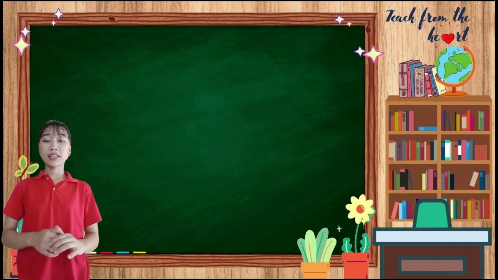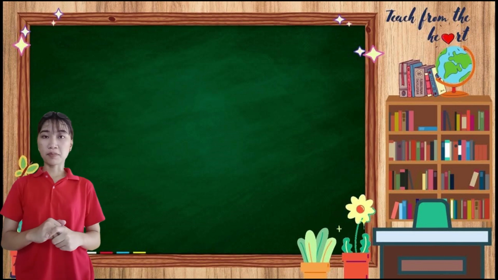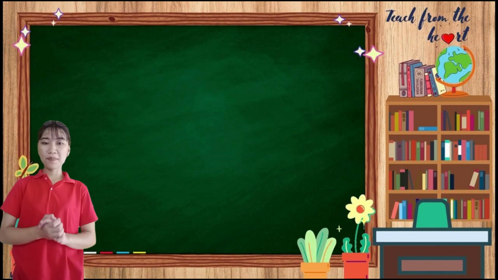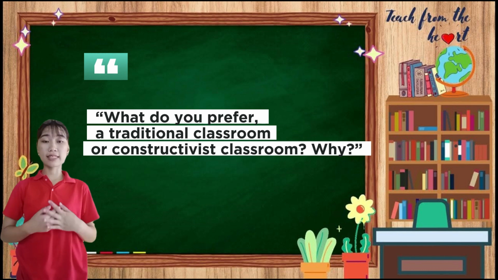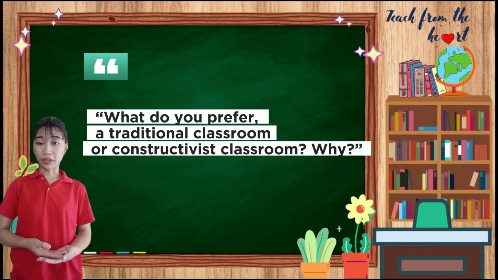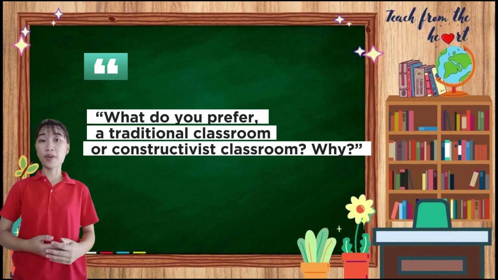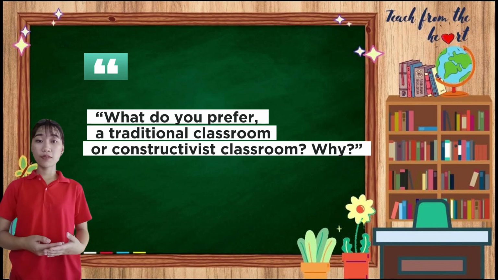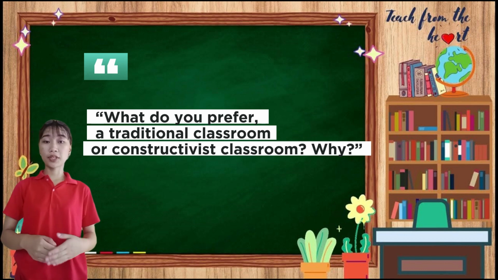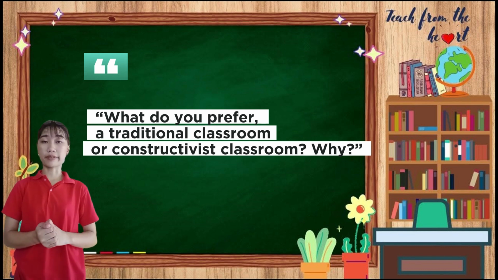I want you to get another quarter sheet of paper and answer this assessment. Okay, time is up. And now for your assignment, class, I want you to write an essay about this question: what do you prefer, a traditional classroom or a constructivist classroom, and why? I will give you the rubrics later, but for this time, I want you to copy the question.